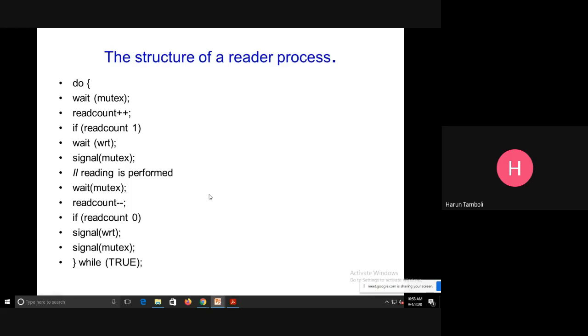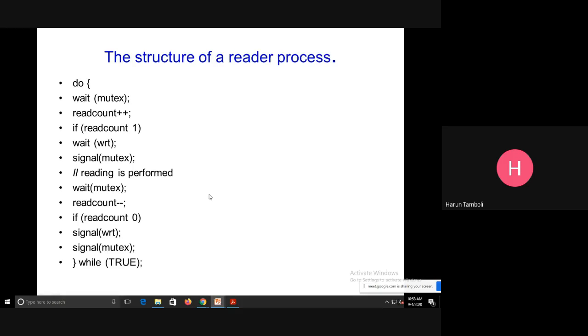And then it will perform the signal on mutex. So there are two cases: one is for the read count variable and the second is for the writing purpose. For these two conditions, we have used two semaphore variables in the reader process.